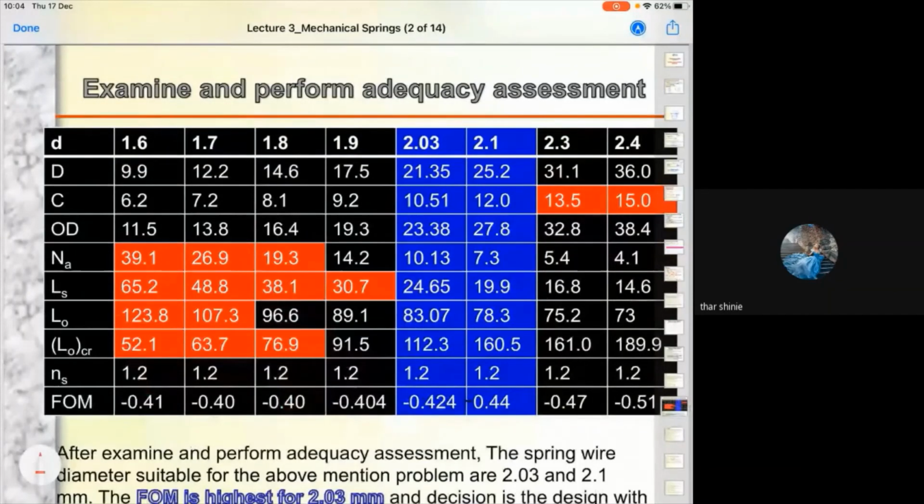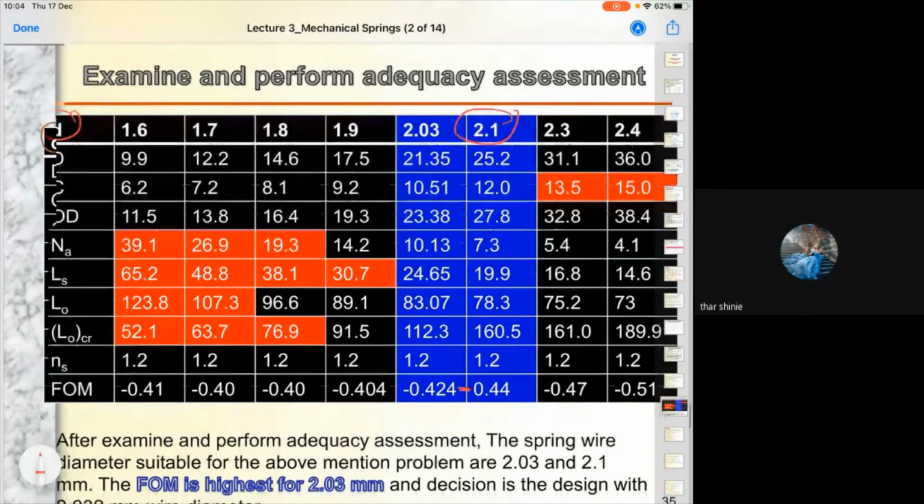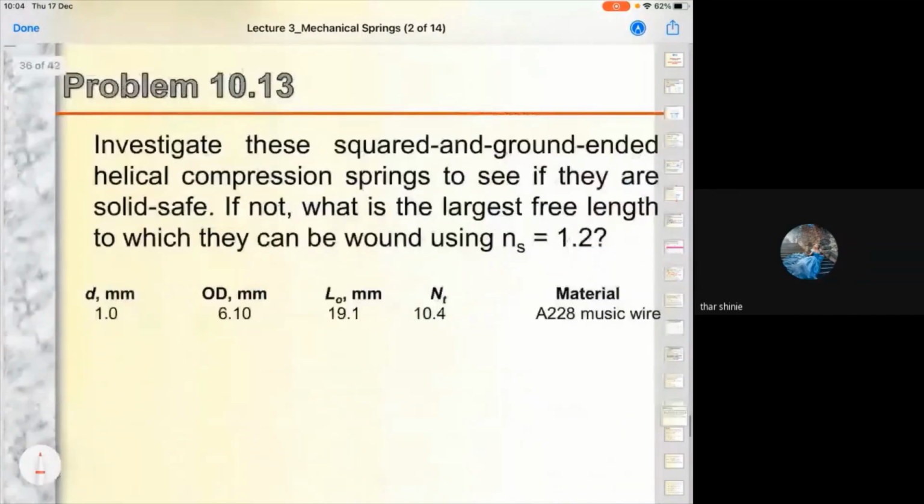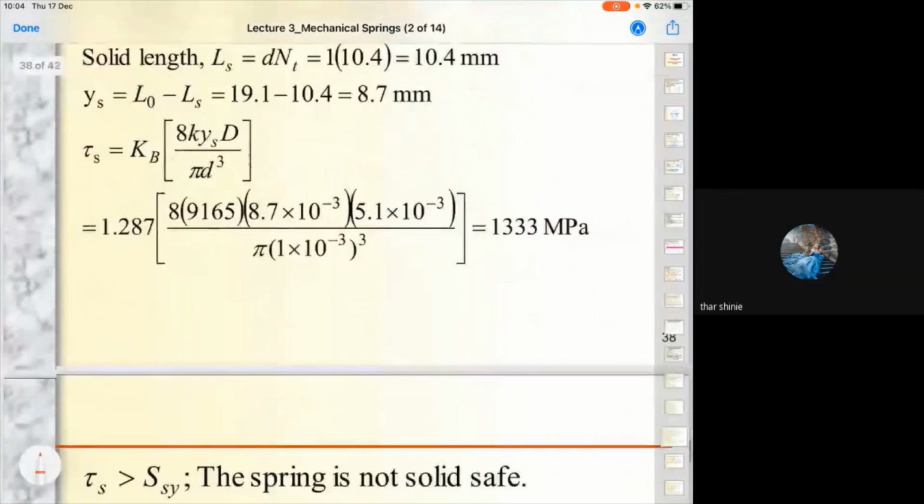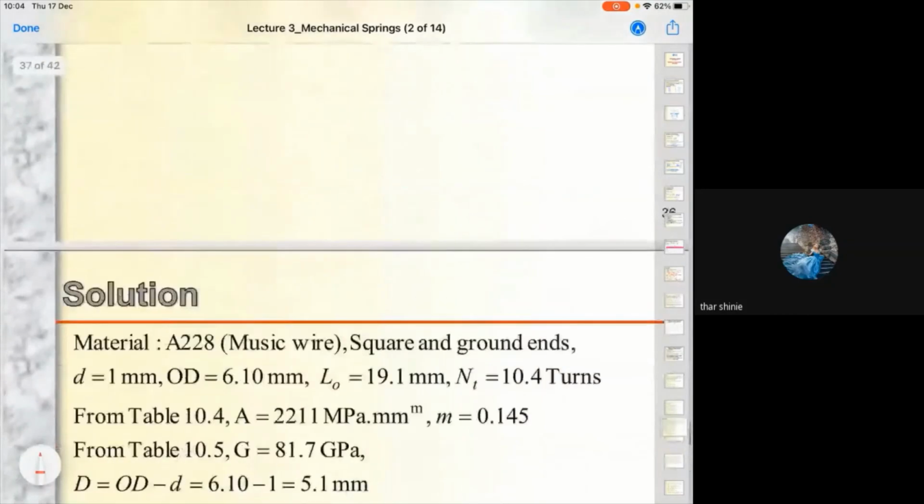You tengok table ni, sebenarnya yang point diameter 2.1 is actually minus 0.44. So initially they don't have the minus sign. So it's actually minus 0.44. Okay? Okay, please have a look first.